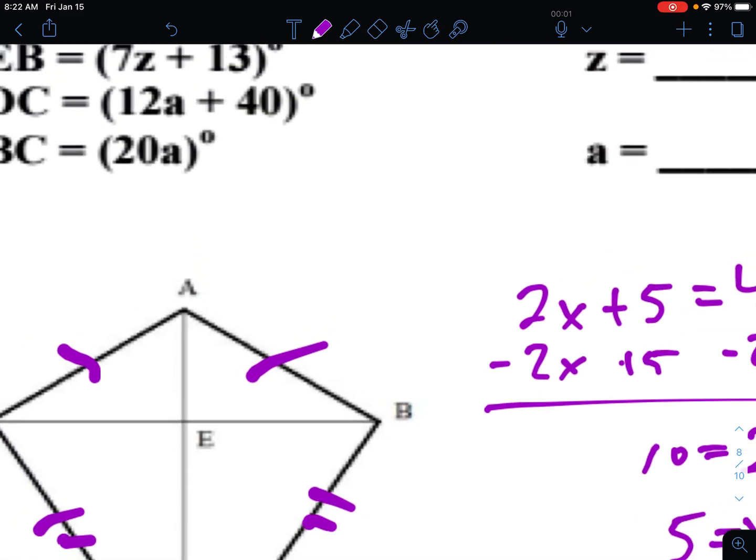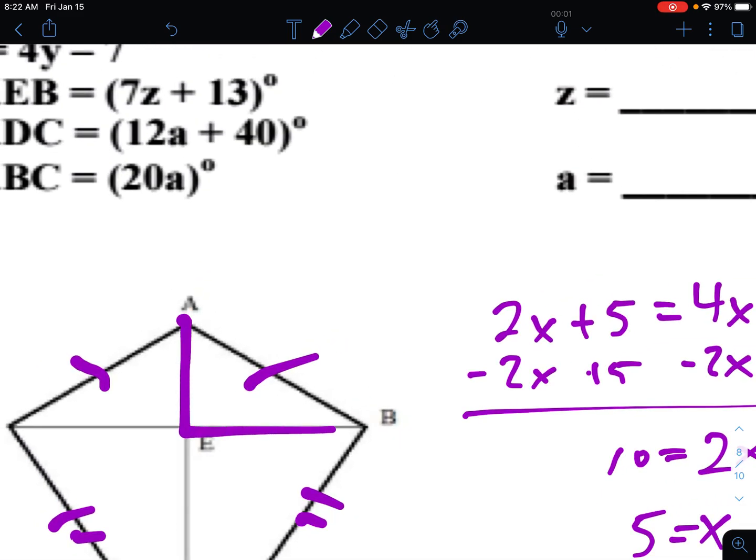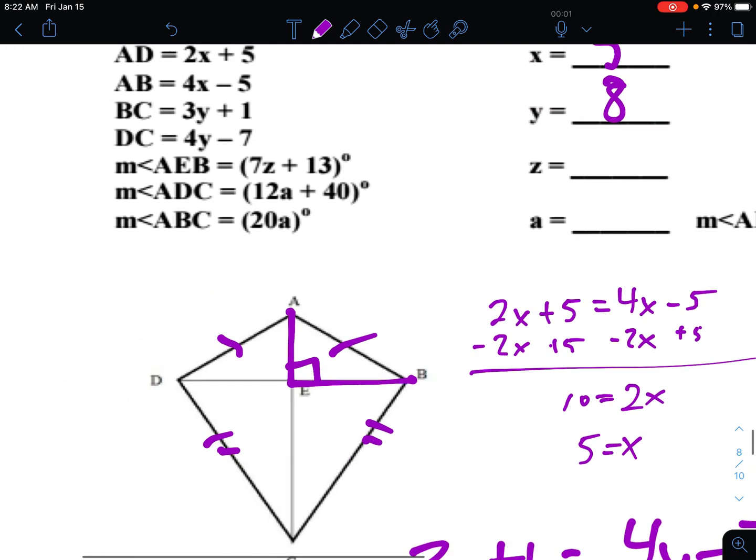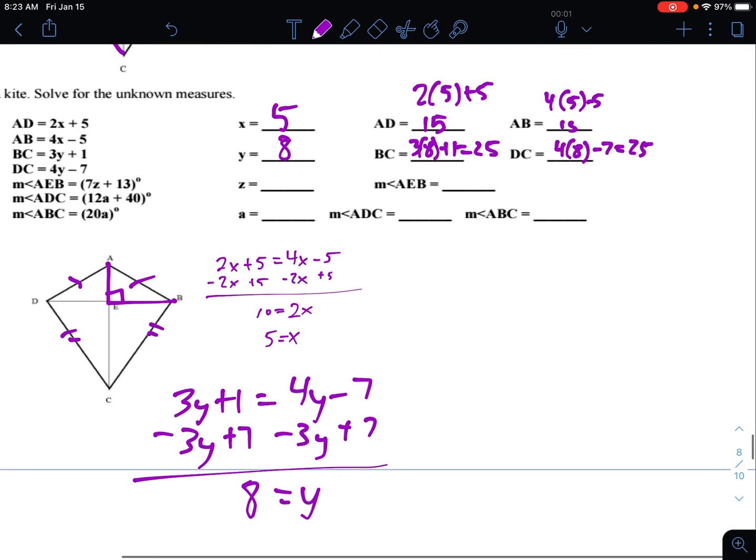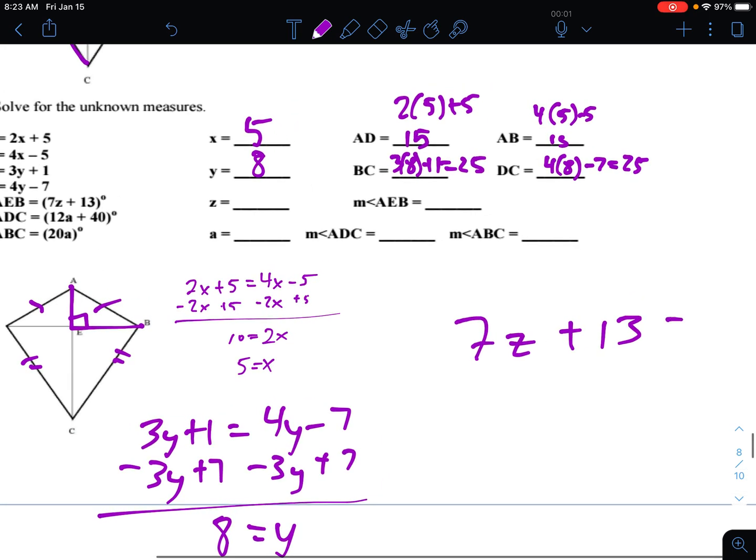Got to find z. AEB is a 90-degree angle. So I'm going to take angle AEB, 7z plus 13, and that's going to equal 90.